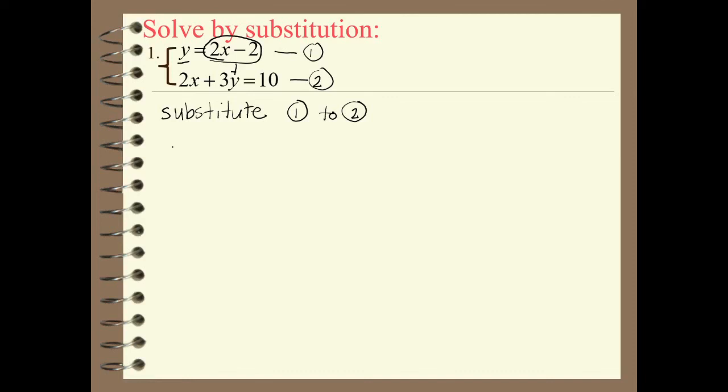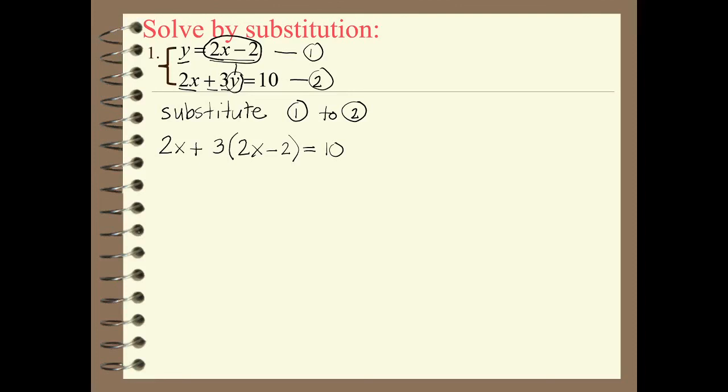So this becomes 2x plus 3 parenthesis 2x minus 2 is equal to 10. So take note, I got 2x here plus 3, the value of y, that's 2x minus 2 is equal to 10.